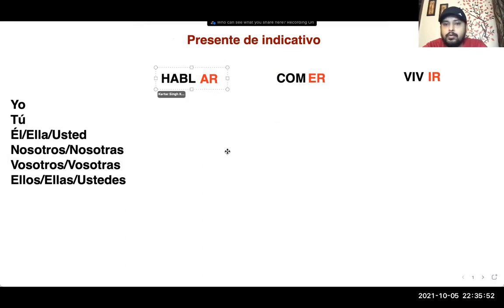So we are talking about conjugation of regular verbs. Hablar means to speak. Comer, to eat. Vivir, to live. Right? Okay.